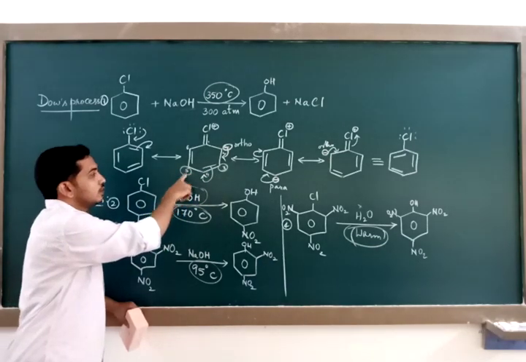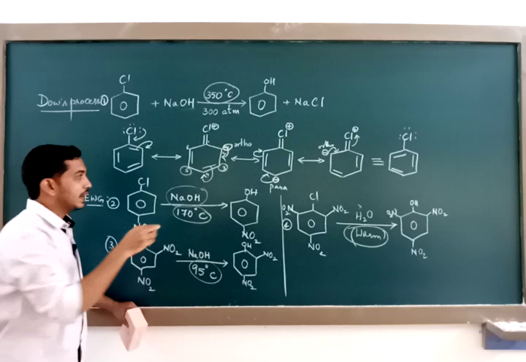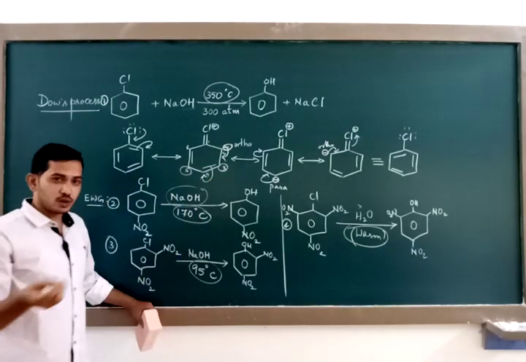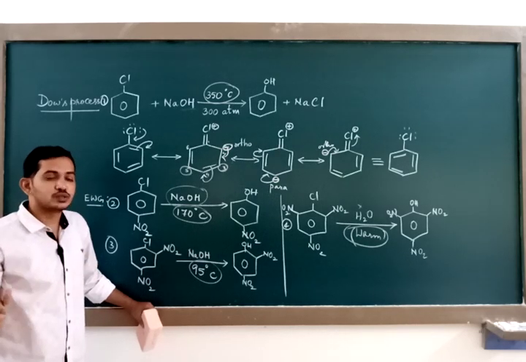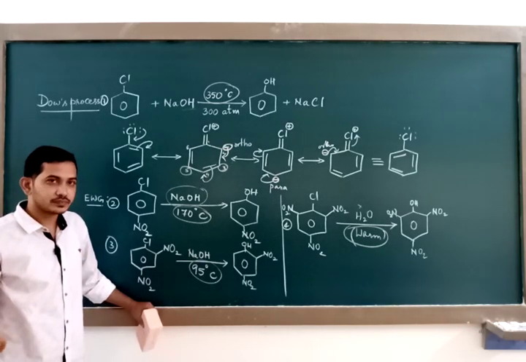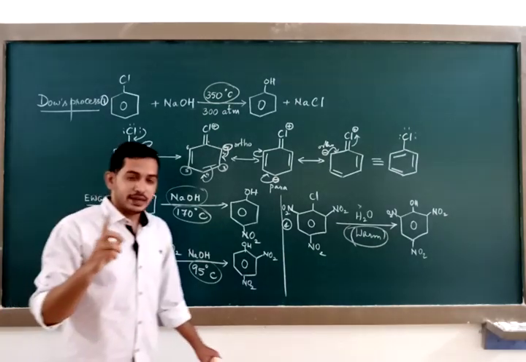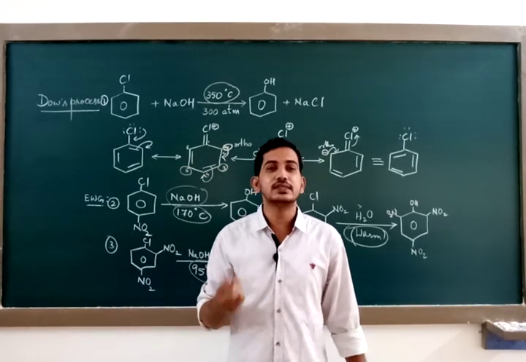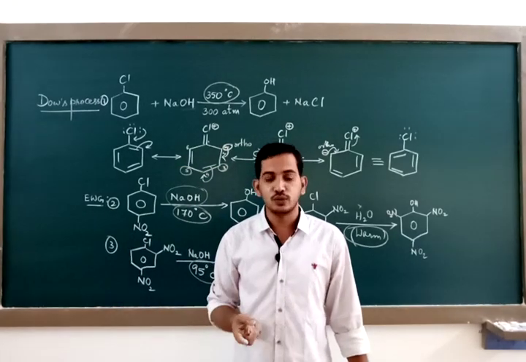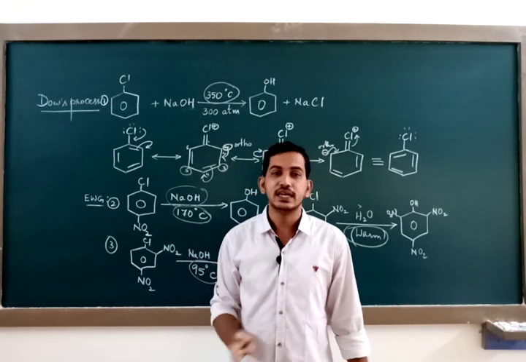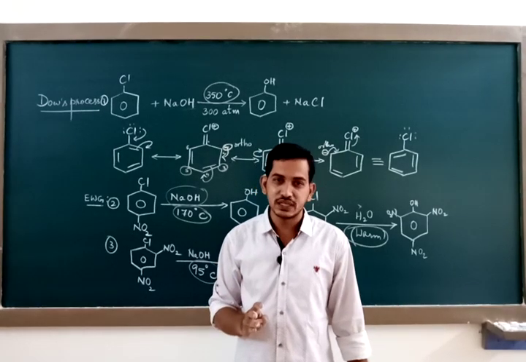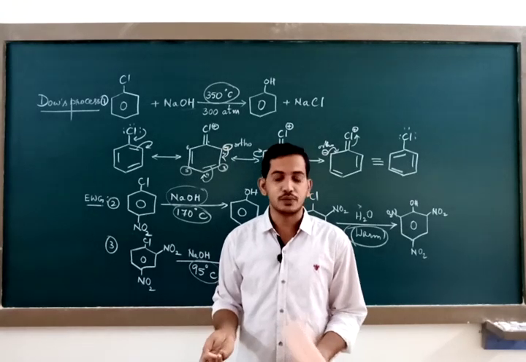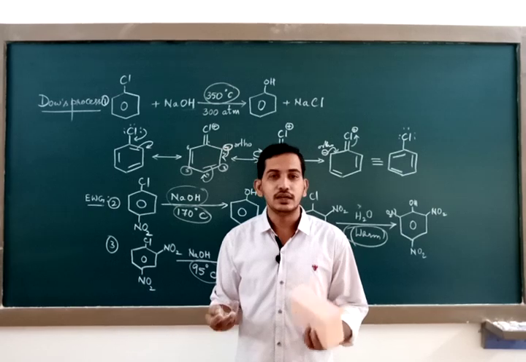Therefore, when a nucleophile has to attack, and if there are no negative charges here, even if you attach an electron withdrawing group there, it has got no effect on the reactivity. Therefore, presence of an electron withdrawing group at ortho and para positions increases the reactivity of haloarenes towards nucleophilic substitution reactions, whereas if the same electron withdrawing group is present at meta position, then no effect on reactivity is observed. In other words, reactivity decreases.